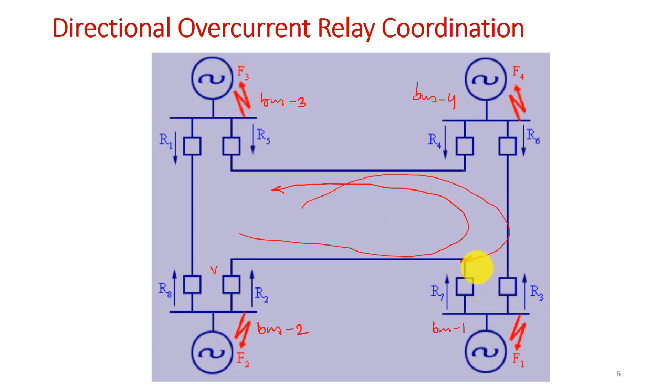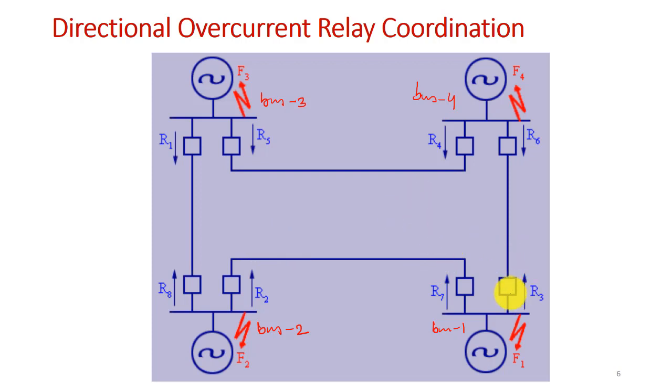So we have 2 relays here for each of the faults as primary protection, one in anti-clockwise direction and one in clockwise direction. Similarly it will be for each of the faults. Also for each relay another relay becomes the backup relay, right? So we need to consider the primary protection and the backup protection both in this case.